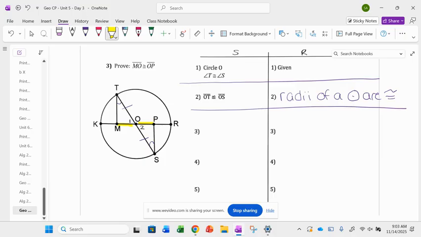As of right now, they're not radii because they don't touch the rim. So I cannot say OM and OP are congruent. Since I can't say MO and OP are congruent, guess what I'm going to do? Prove triangles. Good. We're going to prove triangles congruent. Which triangles do you think we're going to prove congruent?